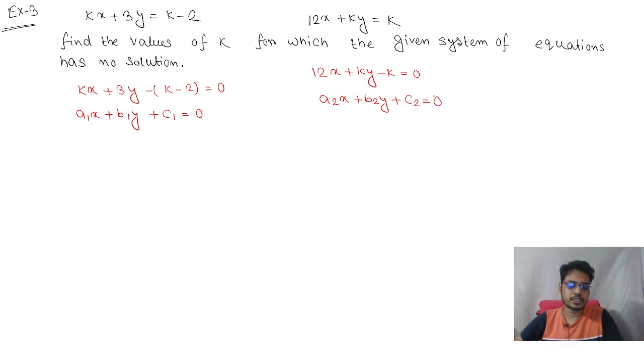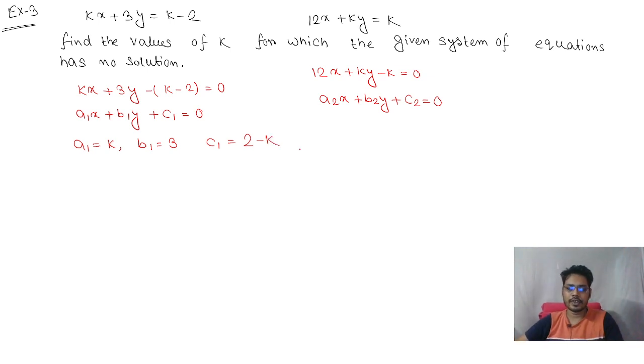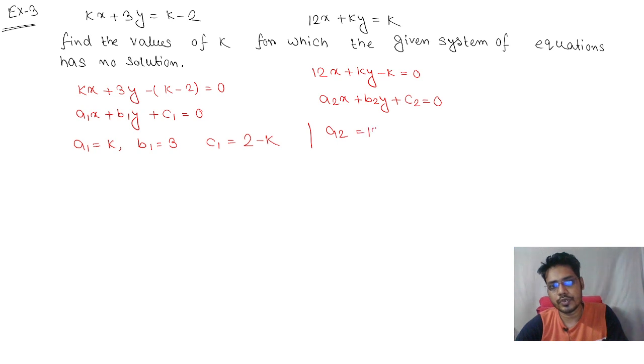After comparing these two, you get a1 is k, b1 is 3, and c1 is 2 minus k. Minus of k minus 2, that means 2 minus k. Now here a2 is equals to 12, b2 is equals to k, and c2 is equals to minus k.